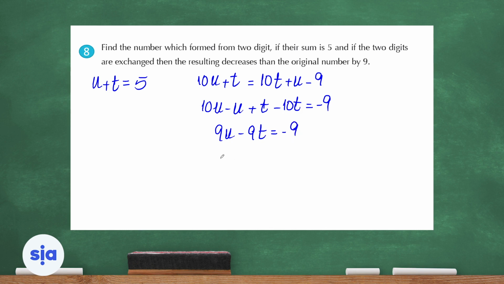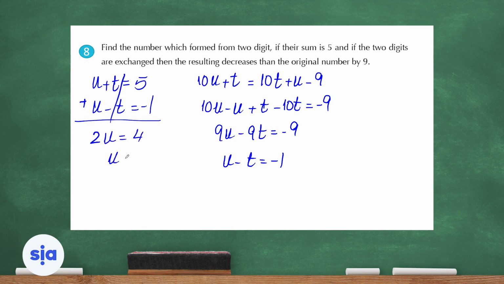If you divide it all by 9, you will see that u minus t equals negative 1. If you put it here and use the eliminating method, you will see that 2u equals 4, then u equals 2.